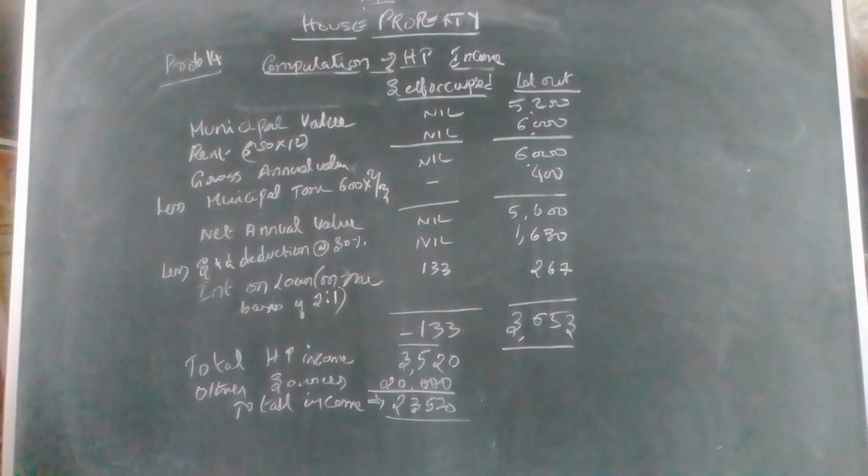Of course, you cannot argue that only 23,000 we are getting, how could it be taxable. No, that is not the point. The point to understand here is that the total income is calculated on the house property income of 3,520 plus the other sources income, which should also be added. The total amount comes to 23,520.